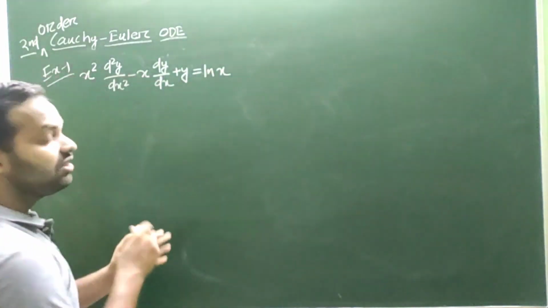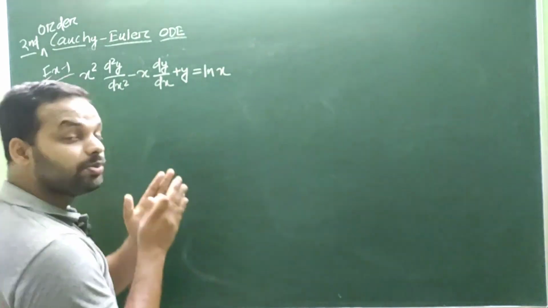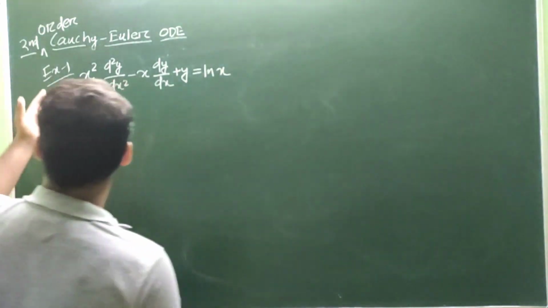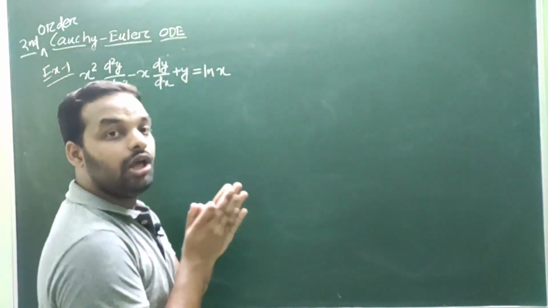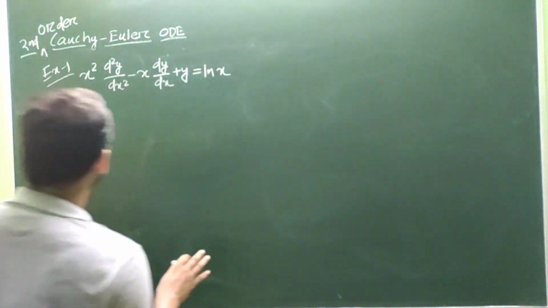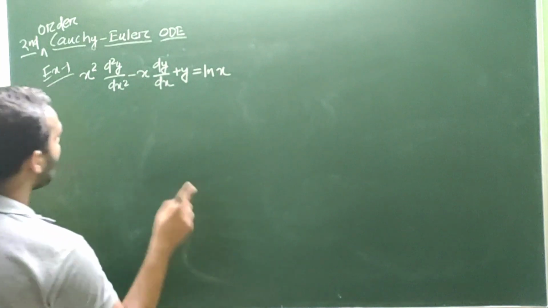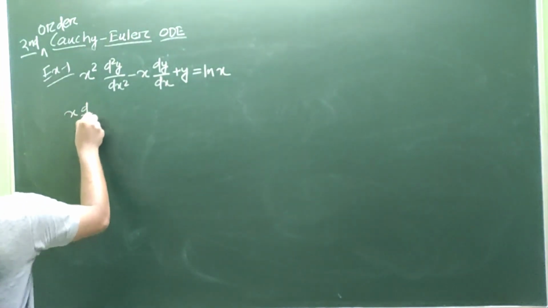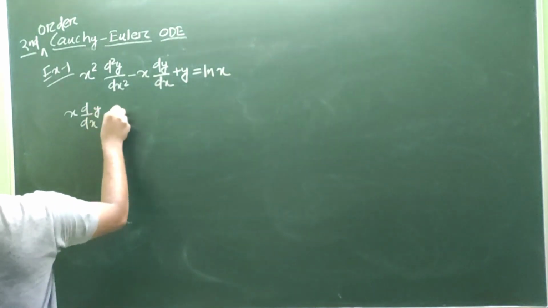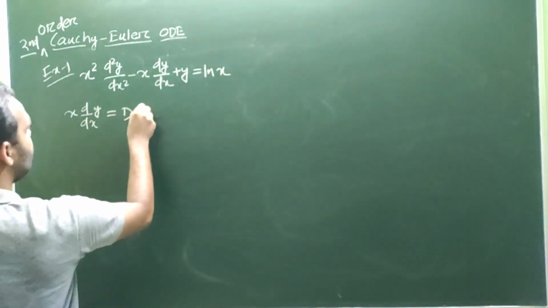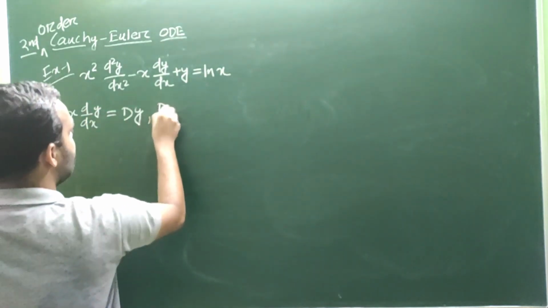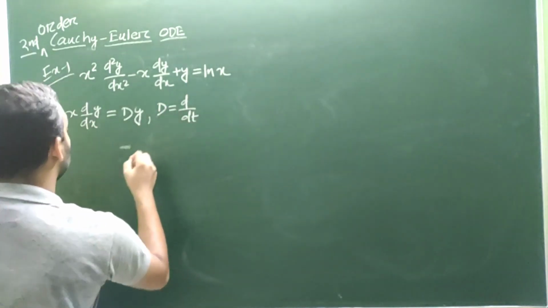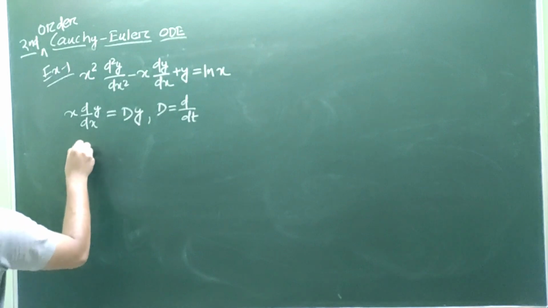So here we have to make the proper substitution, and this will be reduced to an ordinary differential equation with constant coefficients. Right? So I have already told what to substitute. You just put x dy by dx as Dy. Here D is d by dt. I am writing again and again, so don't get confused in any case.